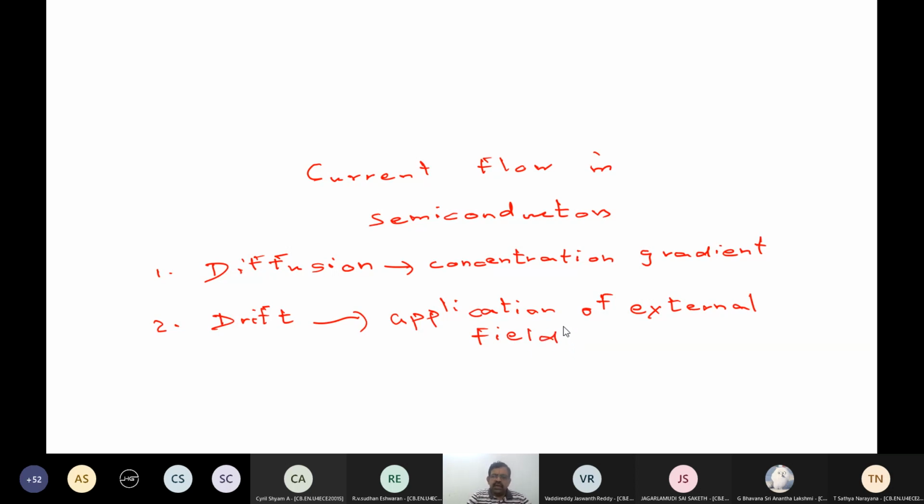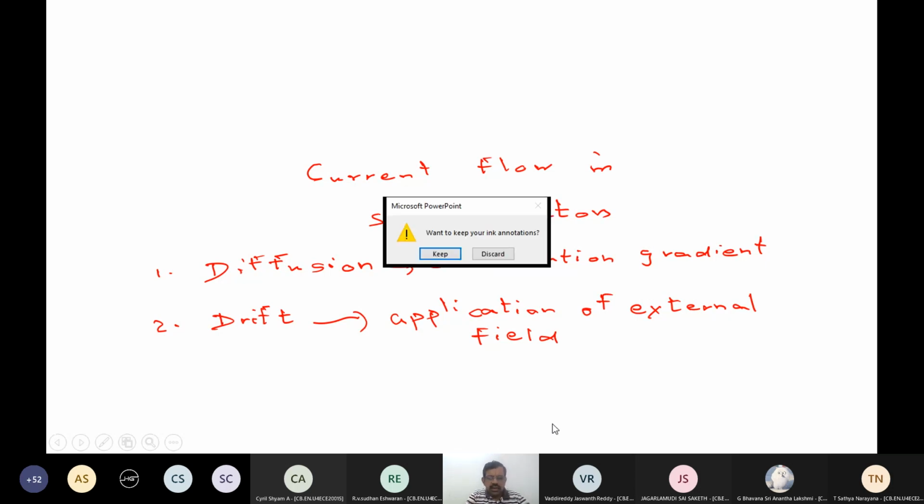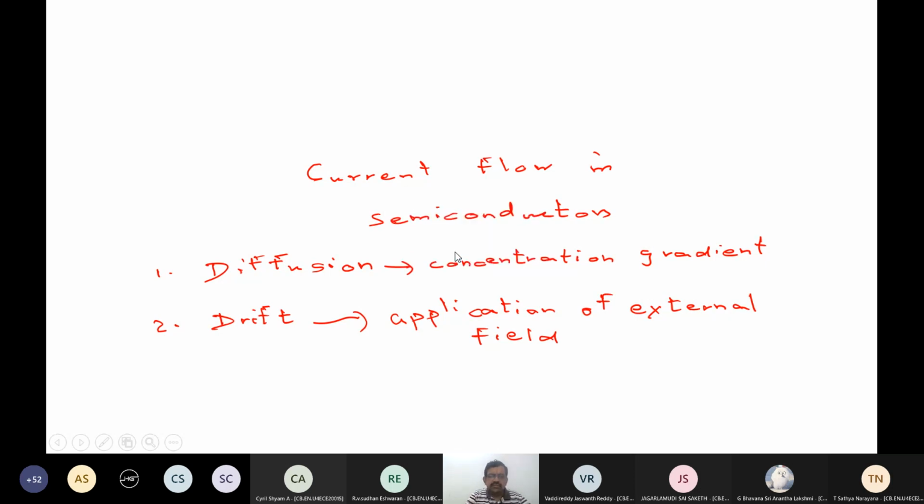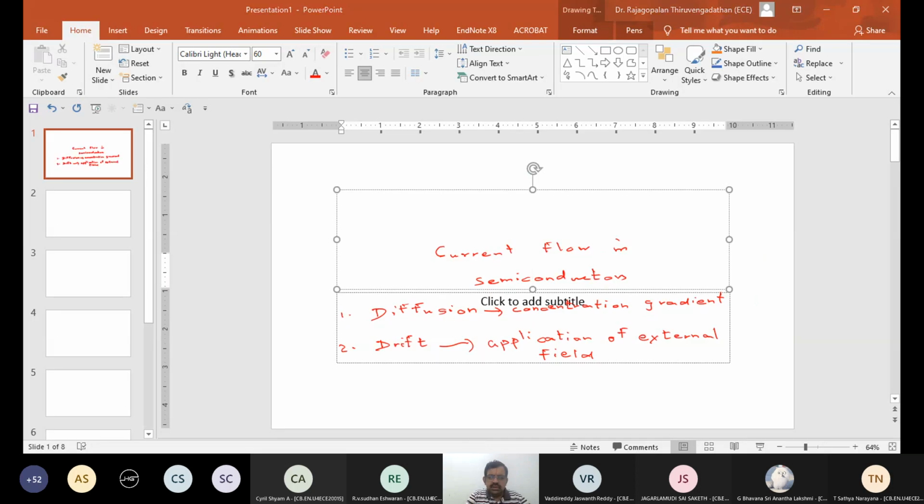So these are the two things that happen, drift and diffusion.